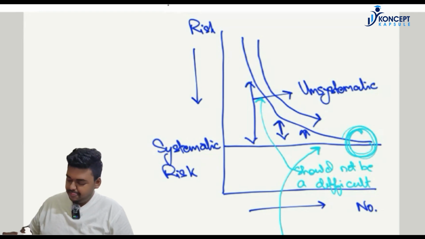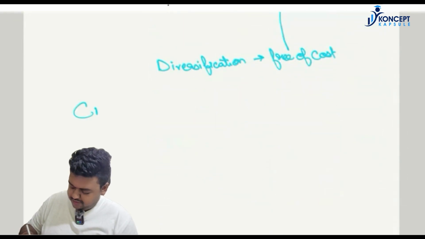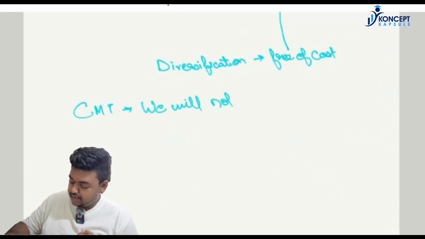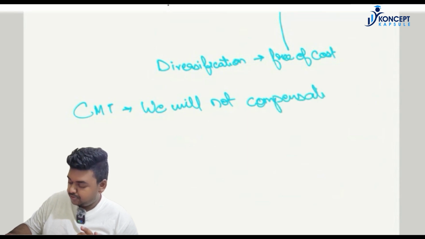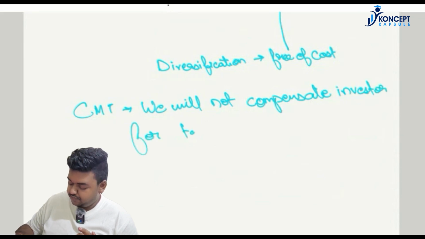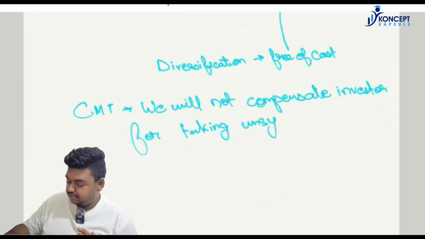And thus, capital market theory is saying that we will not compensate investors for taking unsystematic risk.